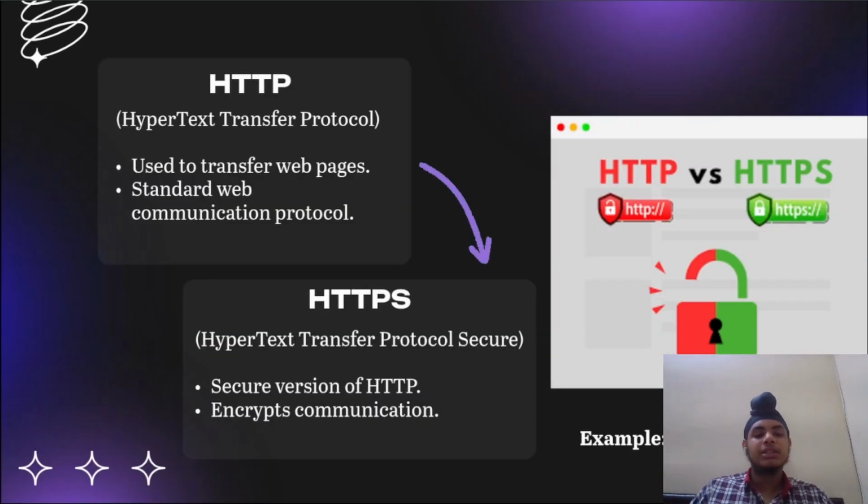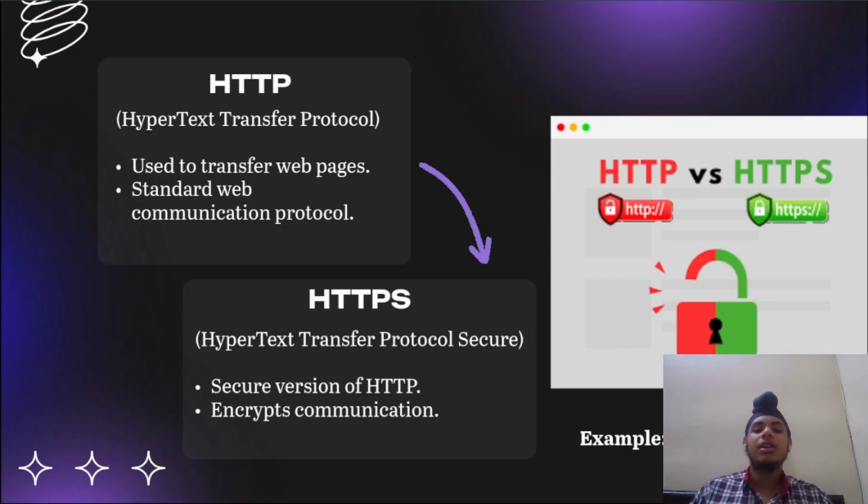Let's start with HTTP and HTTPS. What is HTTP and HTTPS? Their full forms are Hypertext Transfer Protocol, that is HTTP, and when we add secure to it, it's HTTPS. These protocols are used to transfer web pages and for standard web communication.